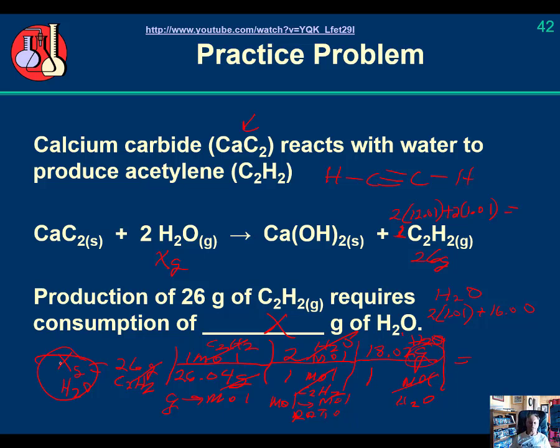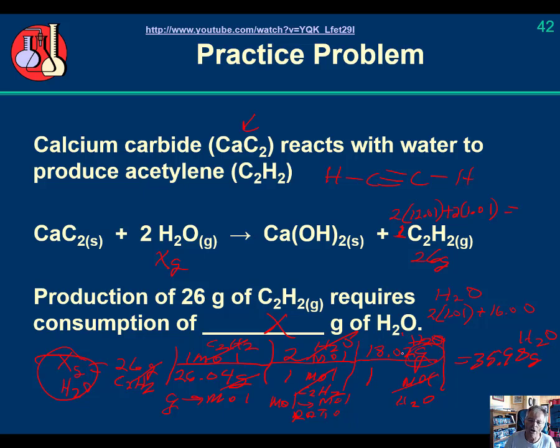That's my X factor. So let's see what we've got. So we've got 26 times 1 divided by 26.04 times 2 divided by 1 times 18.02, which gives us 35.98 grams of H2O.